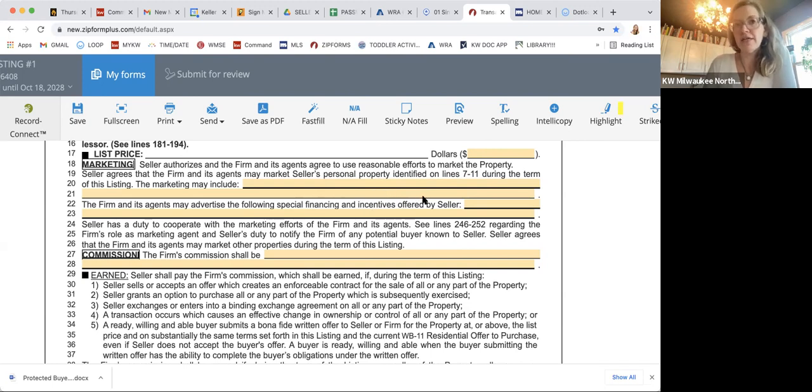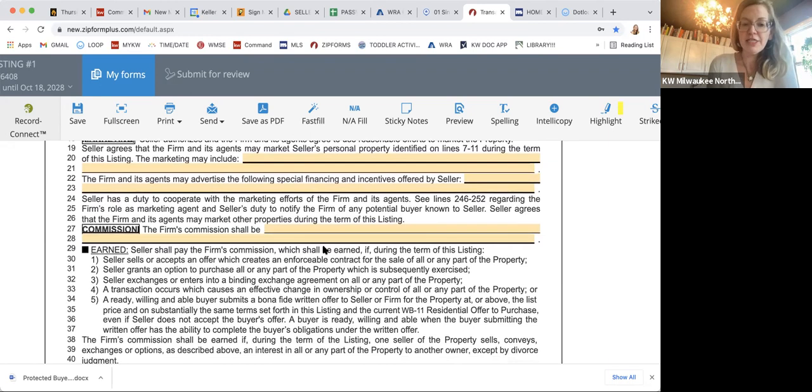Like I'll say Swinney and Associates marketing plan, and then I will include what those things are when I'm conversing with the seller, and all of the things that I will do for them to market the home. Another thing to be cautious of is that anything that you list here, you need to adhere to. So if you're going to say weekly open houses, you need to make sure you're doing an open house weekly.